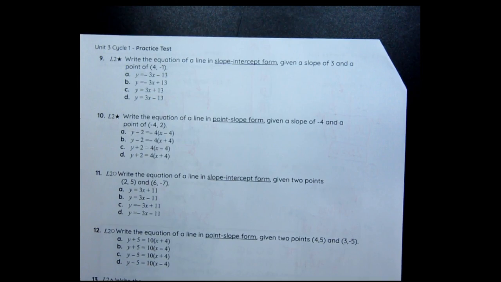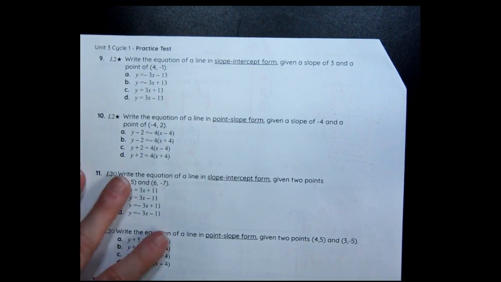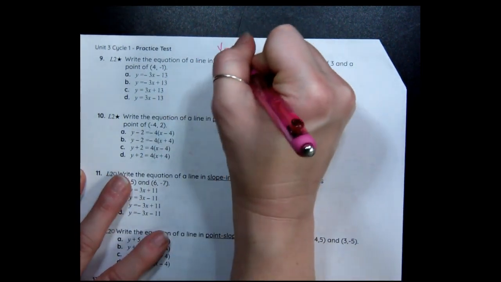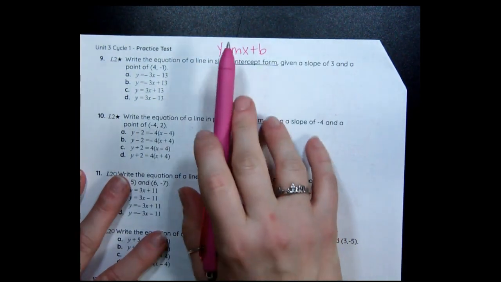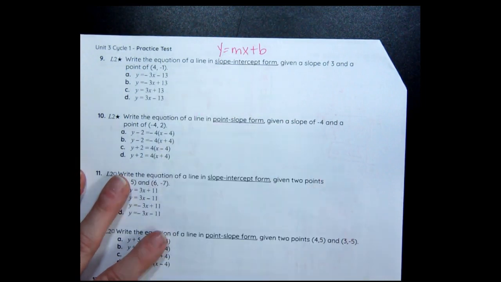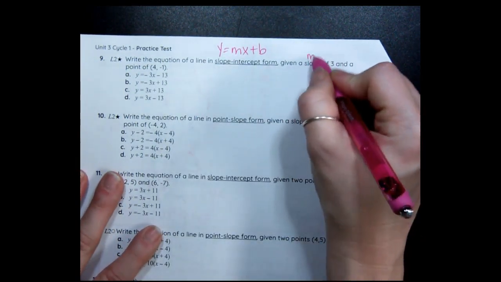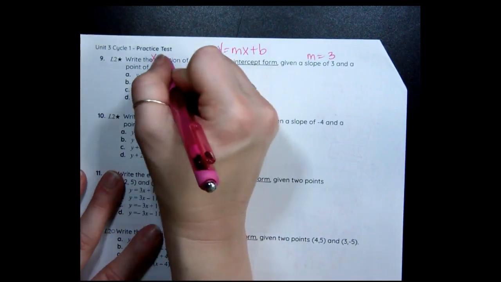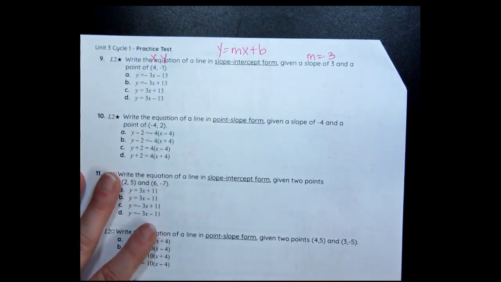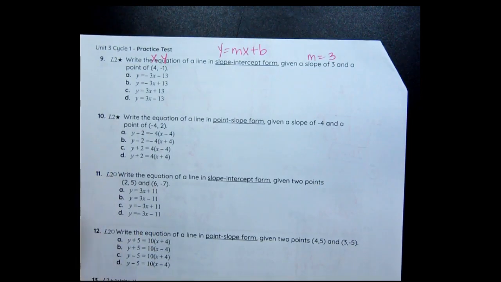That's fine. Okay, so slope-intercept form is y equals mx plus b. I need an m and a b and an x and y. So I have a slope, this is m, equals 3, and I have a point, so this is an x, and that's a y. The only thing I don't have is b, and I have to have b. So we're going to have to go solve for b.